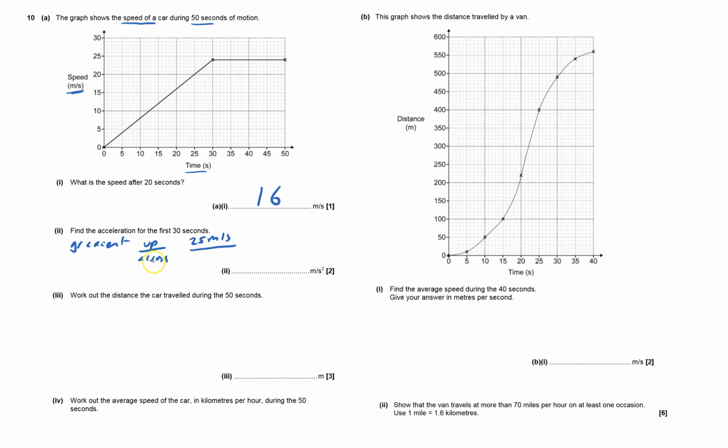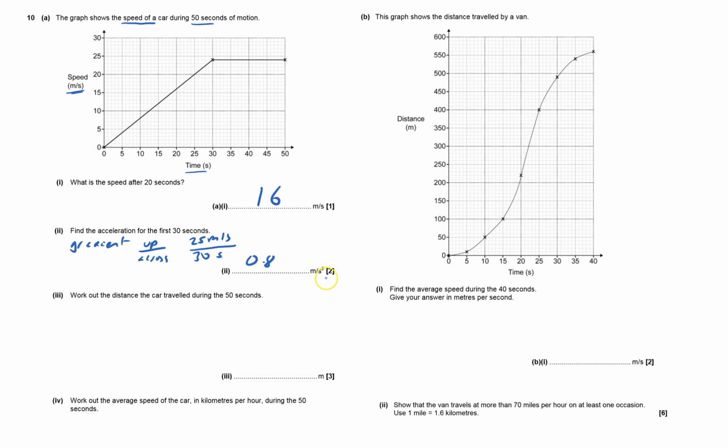And how far across has it gone? It's gone across 30, and that's in seconds. And now we do 24 divided by 30, which is 0.8, and then we've got meters per second per second, which is meters per second squared. So I can sometimes use the units to help me get it right.